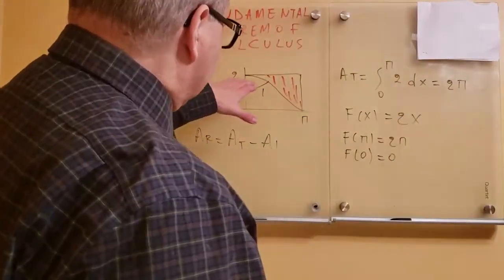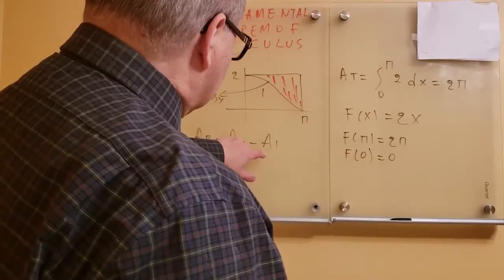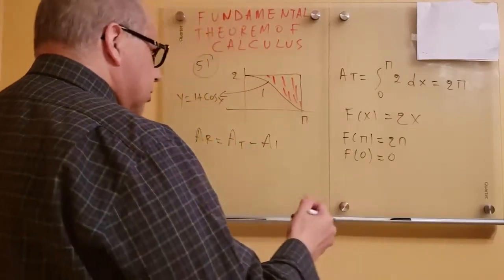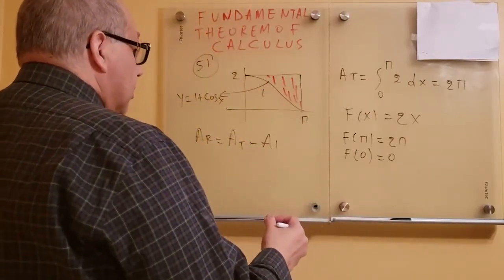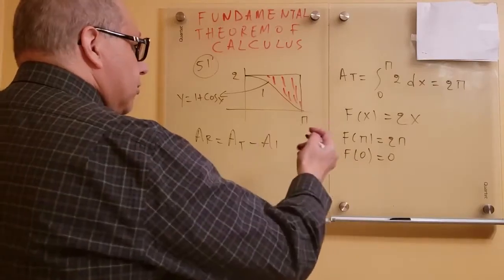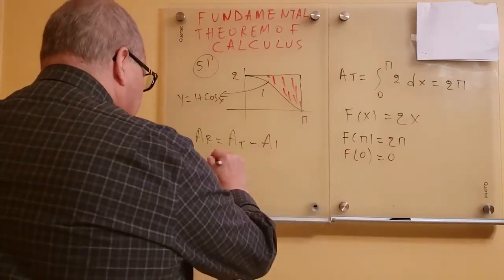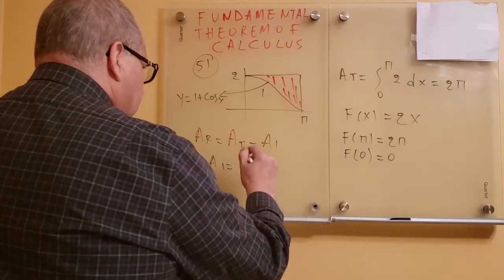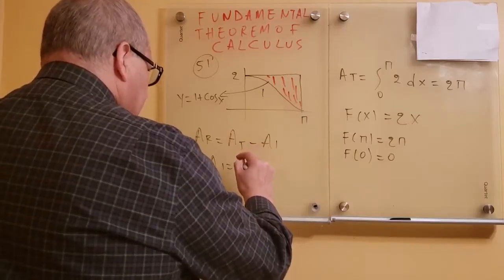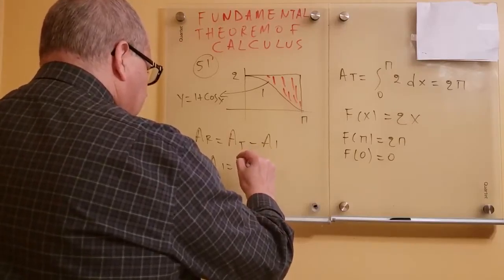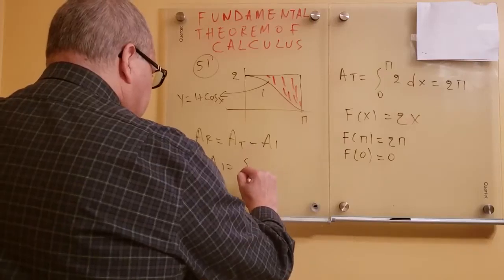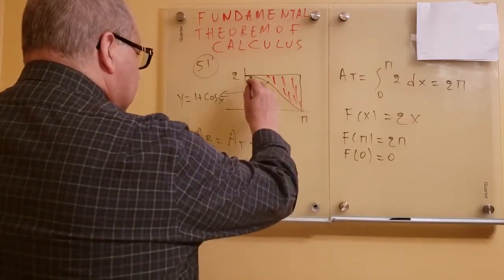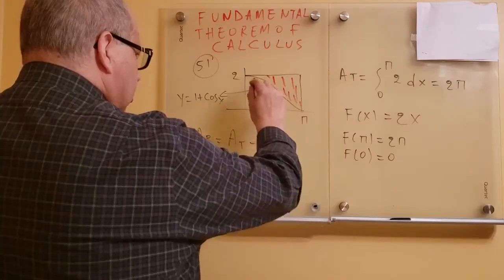And now you have to subtract this area here, so that means that with exactly the same reasoning, A1 is equal with the definite integral. What's the function of this graph here?